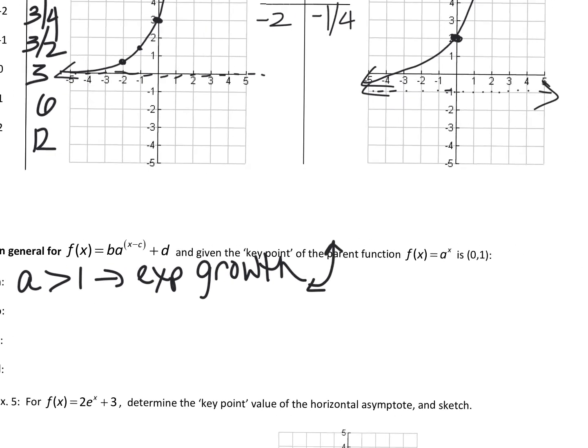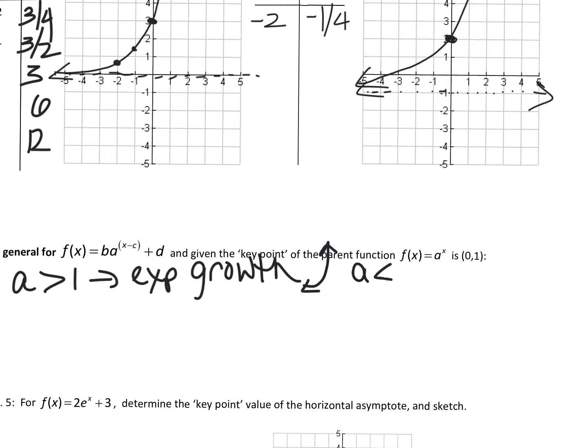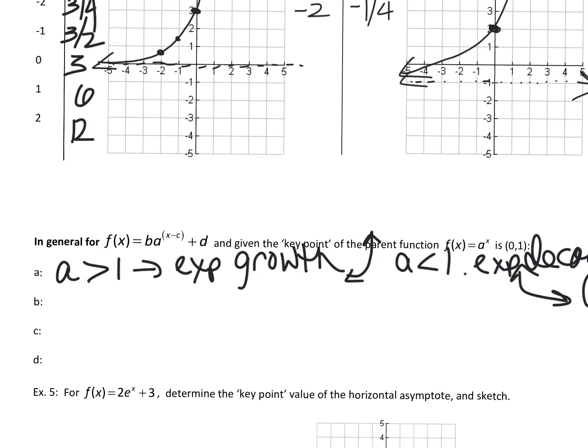And when A is less than 1, we have exponential decay, which gives us this sort of behavior. So the 3 important characteristics for full credit for properly sketching an exponential function: first, since we just did A, sketch it as growth or decay. That'd be the first part.